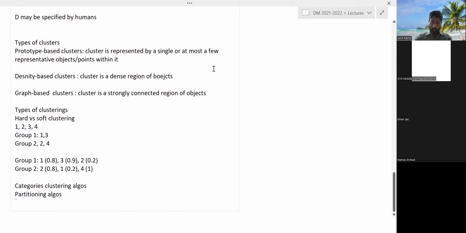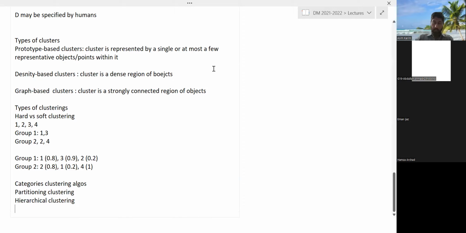And then we have another category which is called hierarchical clustering. I'll just call it clustering, because they also have specific characteristics about the clusters that they form. So these are the two main categories of clustering algorithms: partitioning clustering algorithms and hierarchical clustering algorithms.